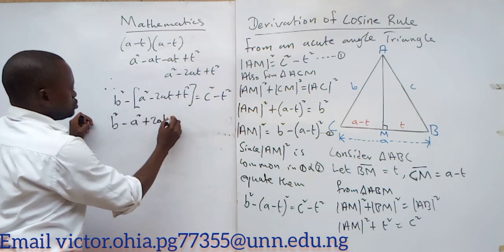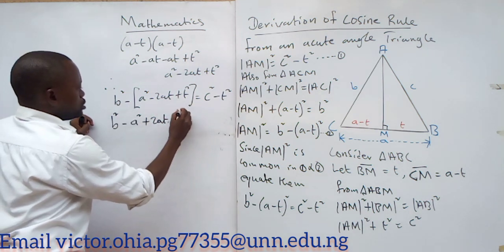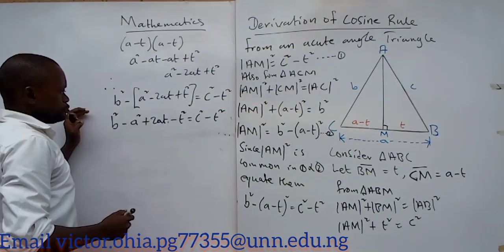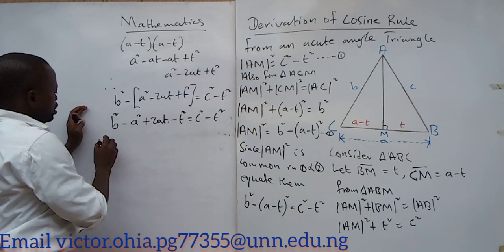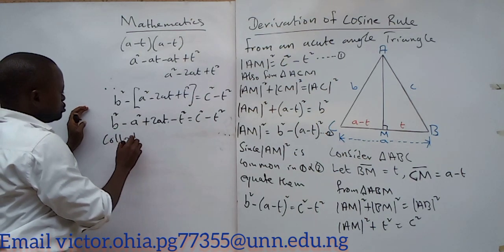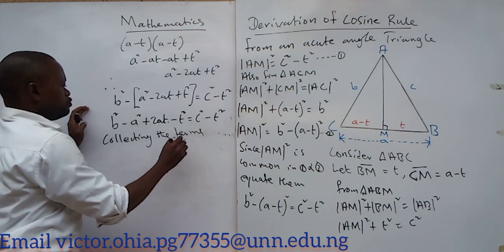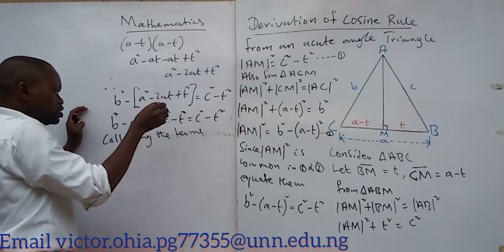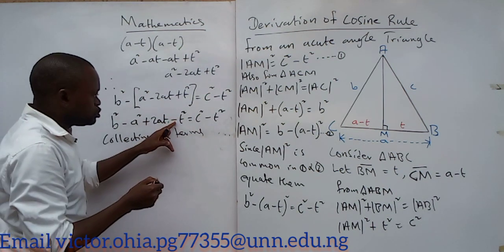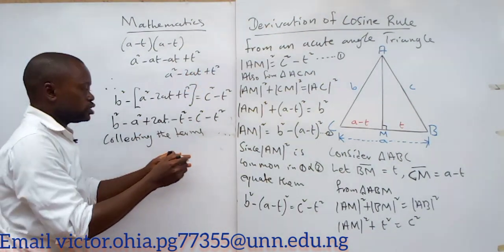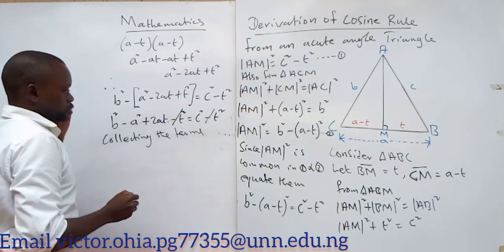Then minus into this will give us minus t squared equals c squared minus t squared. Collecting the terms, if this goes over here, it will become plus and they will eliminate each other. So I will take away this and this.